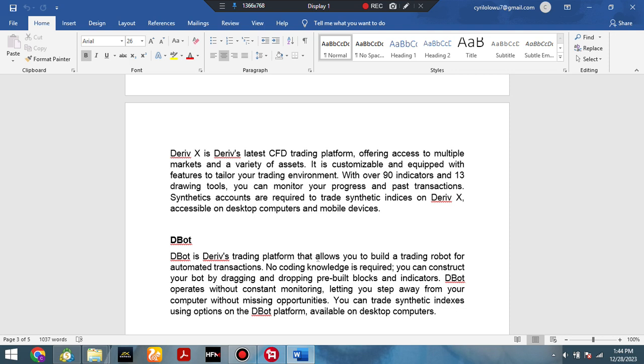You can monitor your progress and past transactions. Synthetic accounts are required to trade synthetic indices on Deriv X, accessible on desktop, computer, and mobile devices.